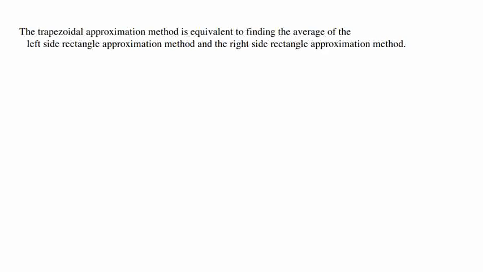So if you found the left side rectangle approximation method value for n rectangles, that's sometimes denoted by L sub n. And if you found the right side rectangle approximation method for n rectangles, that's sometimes denoted by R sub n.